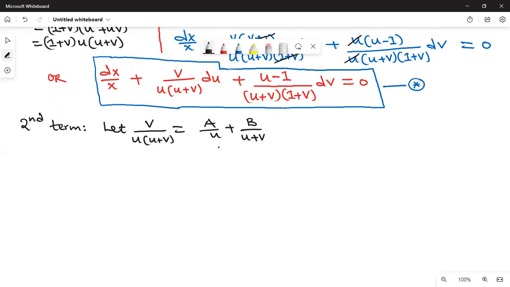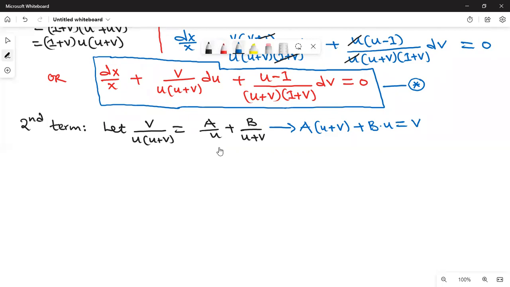That's why we have a over u, because u is linear. Then the other one is b over u plus v. u plus v is linear, so the numerator must be a constant. So our task is to find the values of a and b. They are the constants. So when I multiply this by the LCM, I'm going to get a times u plus v, then plus b times u should give us v.